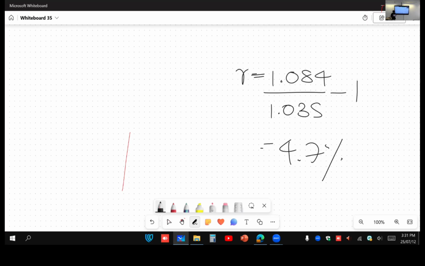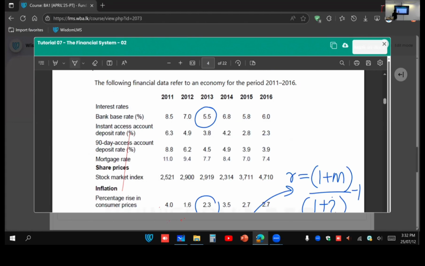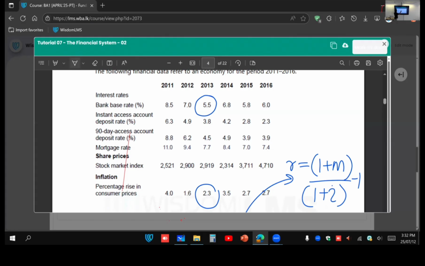Now see, in this question, guys, a lot of information is given, for 2011, 12, 13, 14, 15, 16, all the indexes and information, and inflation rates are also given.